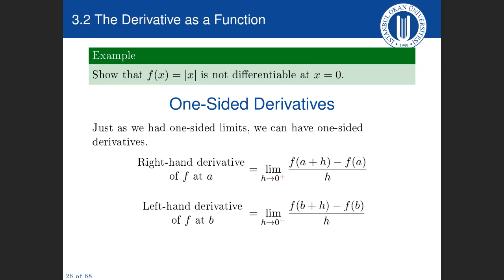The right-hand derivative of f at a is just the definition of a derivative, except instead of h tends to 0, we have the right-hand limit, h tends to 0 from the right. Likewise, if we had the definition of a derivative, but we replaced x tends to 0 by x tends to 0 from the left, then we have something called the left-hand derivative of f at b.